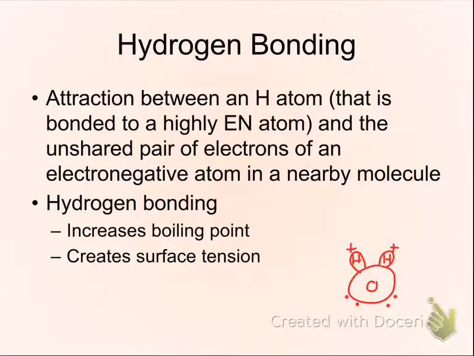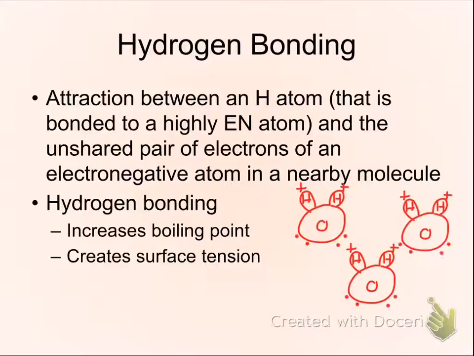So they tend to line up, and that's actually a lot of why we have surface tension in water, because there's a sort of skin formed on the surface, so you can float a needle on the surface of water if you're really careful. Forces of adhesion and cohesion in water, where water is attracted.